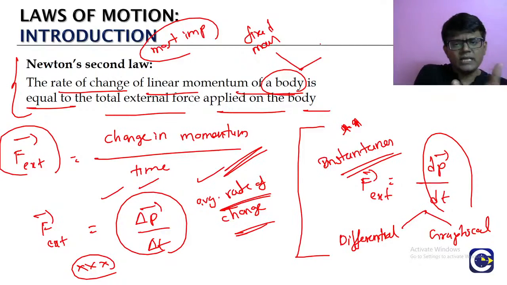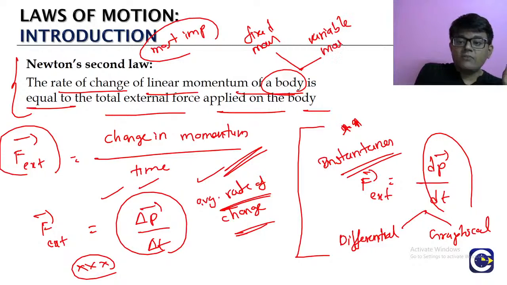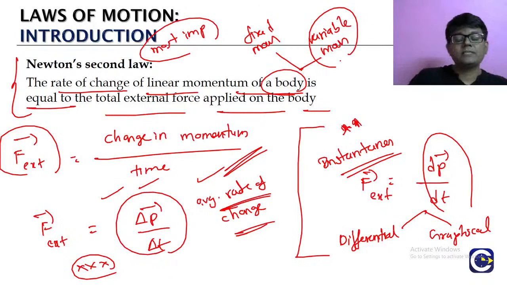Normally any body you take will have fixed mass, but sometimes the body or the object you are considering can have variable mass also. One of the examples that we'll discuss in this chapter is a rocket. When a rocket is propelling, what is going to happen? The gases are going to be exhausted. Where are the gases coming from? They are coming from the burning of the fuel which is there previously inside the rocket.